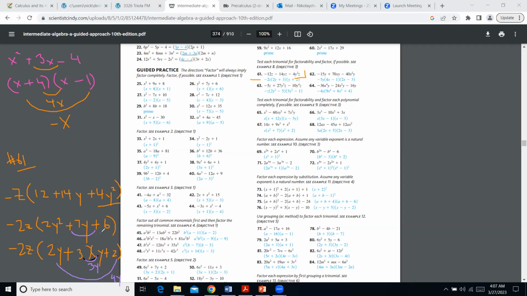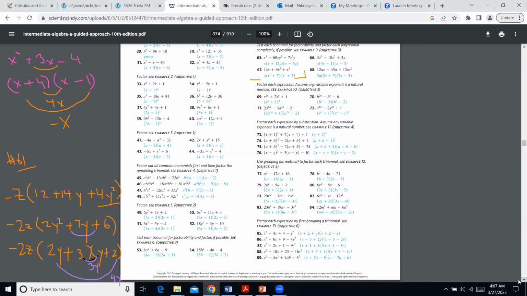So we keep on factoring these so-called trinomials, three-term expressions. I guess the idea is to try to do as many exercises as possible in this little section, because you will see this type of factoring a lot in the future.